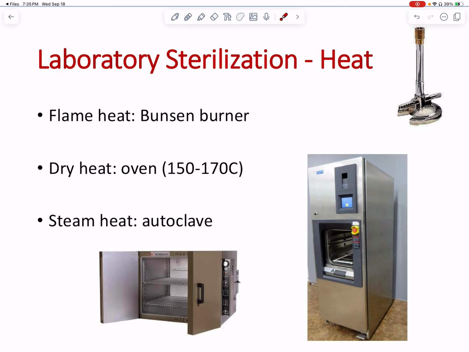This steam heat autoclave is going to be at a lower temperature than a dry heat oven or the flame heat we subject our microbiological loops to. But with that added pressure and extended period of time, that can contribute to proper sterilization.